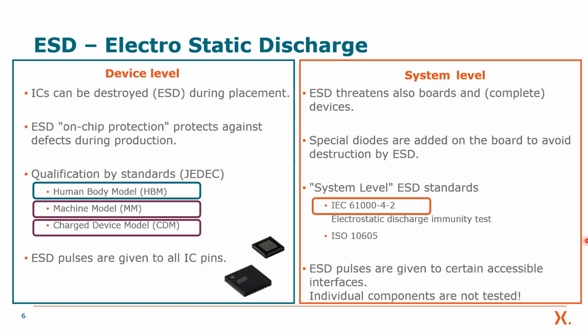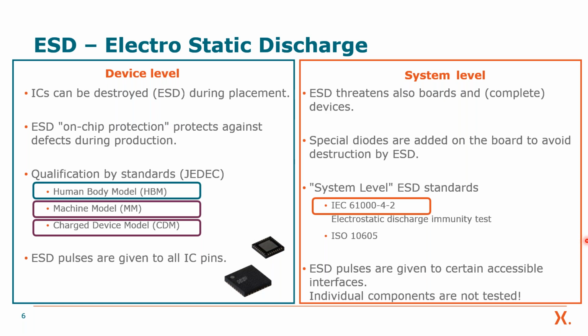The idea behind this test is completely different. Device level tests are compliance tests that are in place for ICs usually, or any kind of electronic component. And you do this test in order to assess if the device will survive handling, manufacturing, and maintenance of the electronic component.